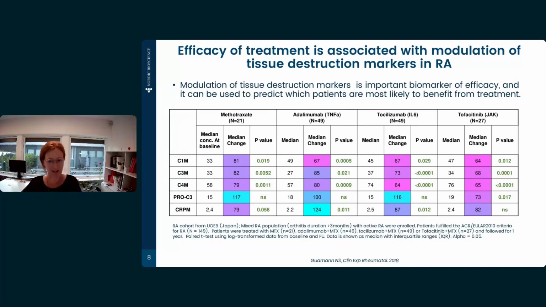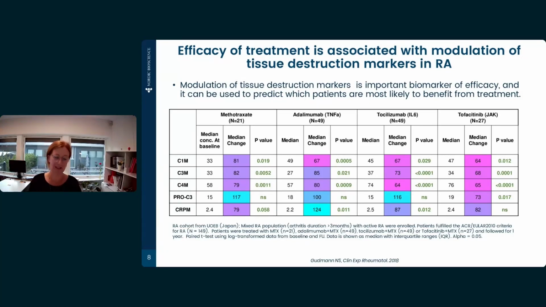Generally we think RA is, at least from our perspective, a very destructive disease. We see high tissue-related collagen destruction biomarkers, but we also see that a subset of patients have a high PRO-C3, so type 3 collagen formation, profile. What we learned from that was that here we start seeing real differences in how well a drug modulates that part. For example, here it was only the JAK inhibitor that could lower the level of fibrosis.